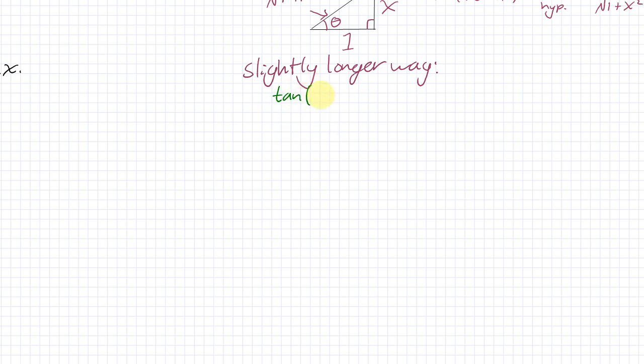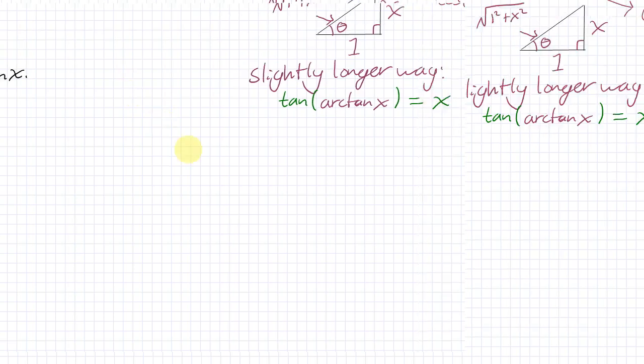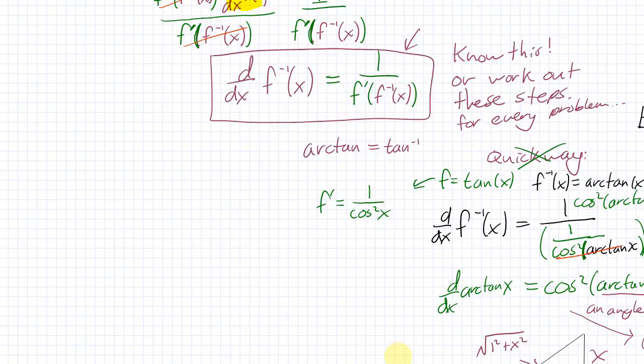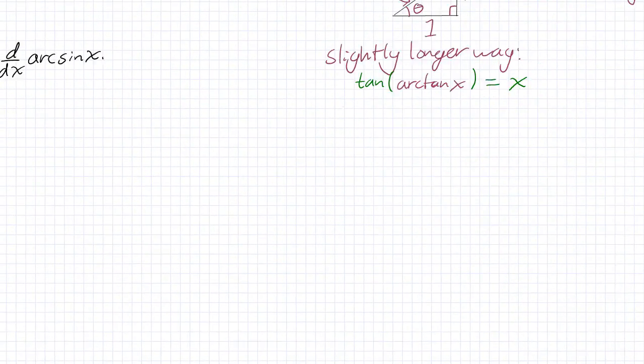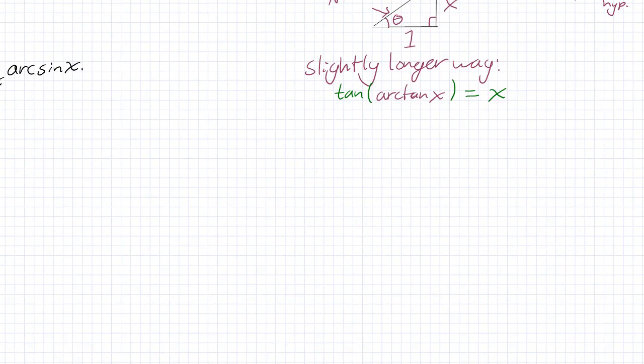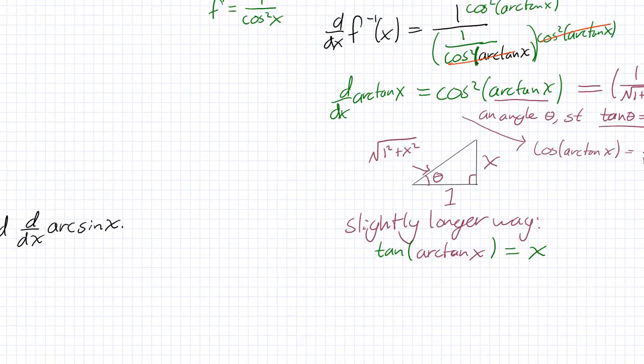So tangent of arctangent of x, just based on the way inverse functions work and the definition of arctangent, should always be equal to x. And then take the derivative of both sides. This is the same way, by the way, that we found the derivative of natural log, the way we did it abstractly up here. But I'm going to work it out one more time to see that it's really the same thing as just using that formula.